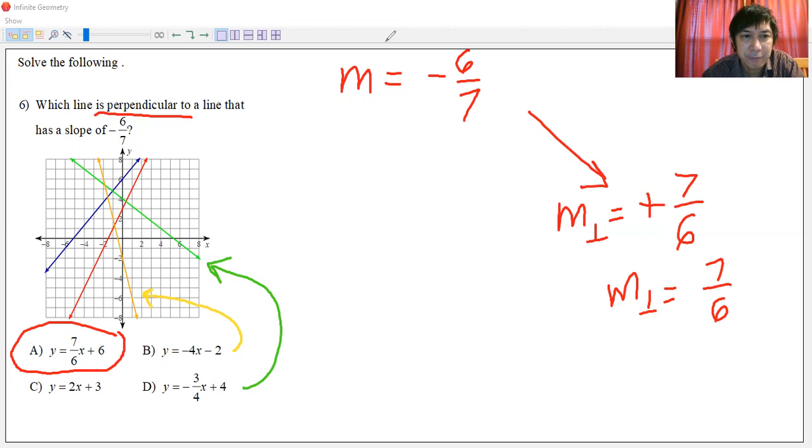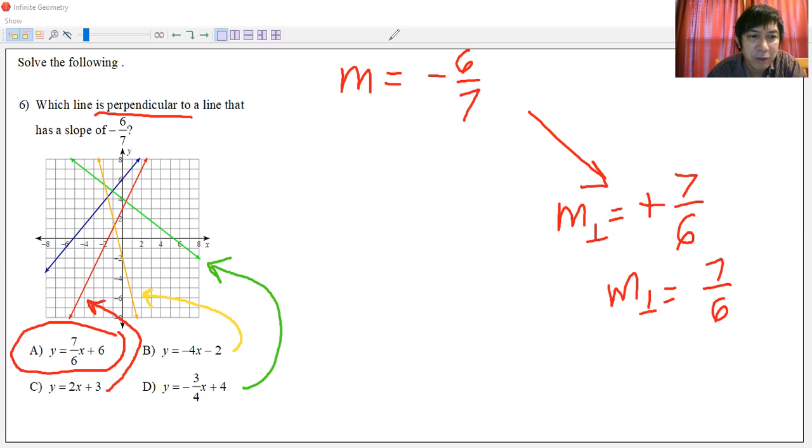Now the 2x plus 3 is actually for the red. That one passes through a y-intercept of 3.